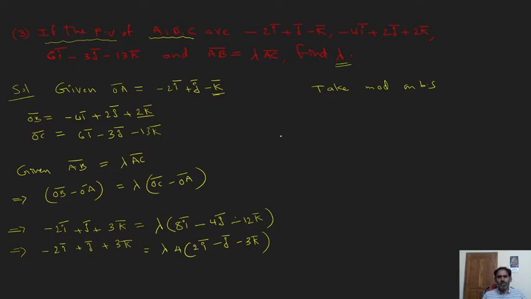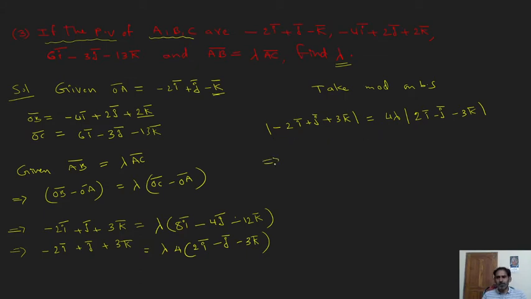So by taking modulus, modulus of minus 2I bar plus J bar plus 3K bar equals 4 lambda into modulus of 2I bar minus J bar minus 3K bar. I am writing the magnitude of the vector, so both sides I am taking here.